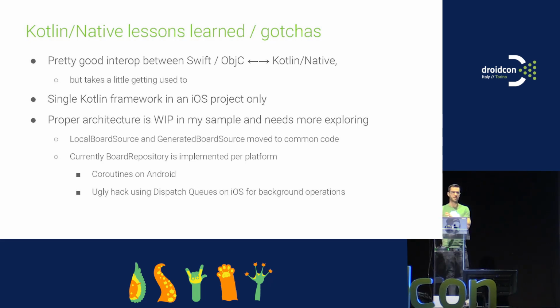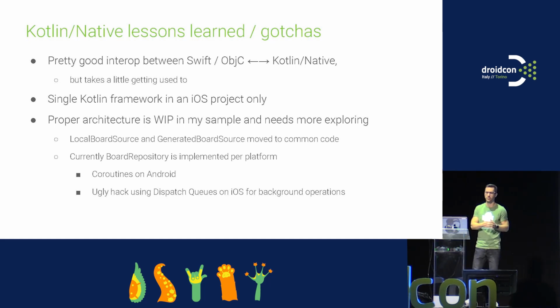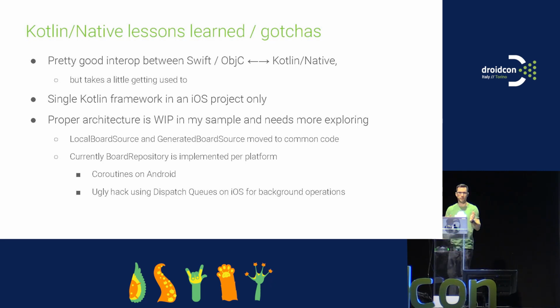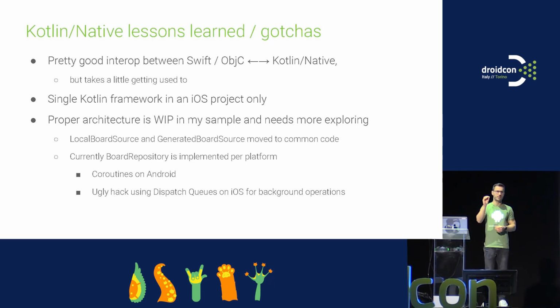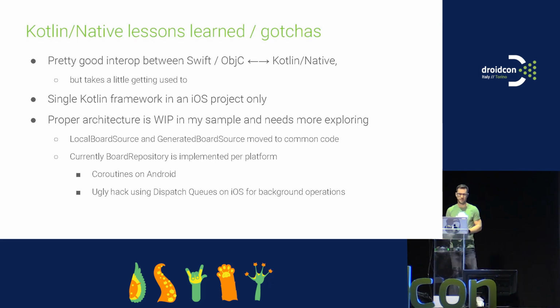Why not make it an iOS framework that I can use in any iOS app, and then have a similar iOS framework for my other Sudoku code? It turns out if I connect two Kotlin Native generated frameworks to an iOS app, I get duplicate methods, duplicate classes. It just doesn't work. That's why in my Gradle structure, I have one top-level Kotlin Native solution that builds one framework, and it depends on all of the modules that I have.